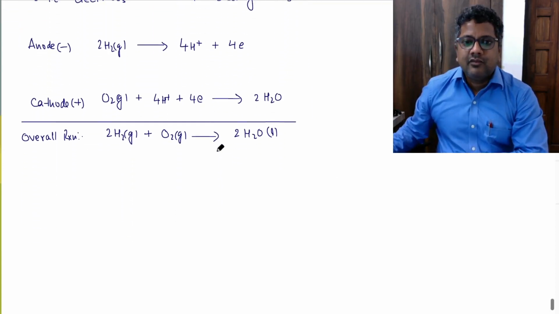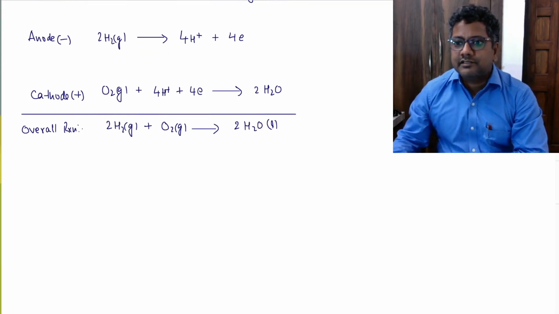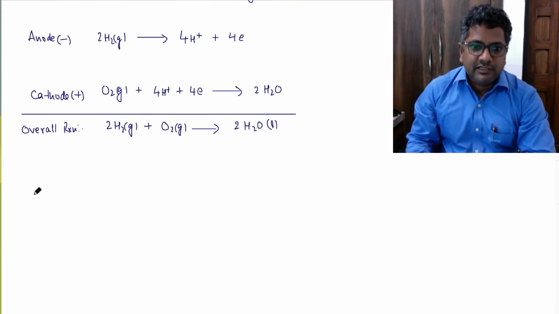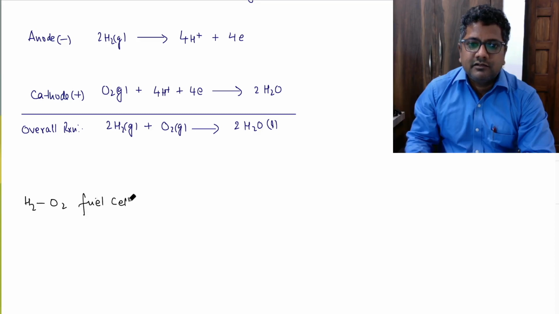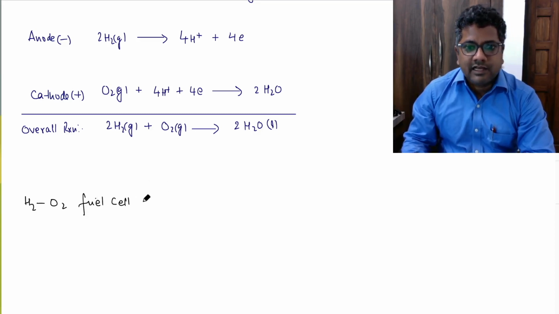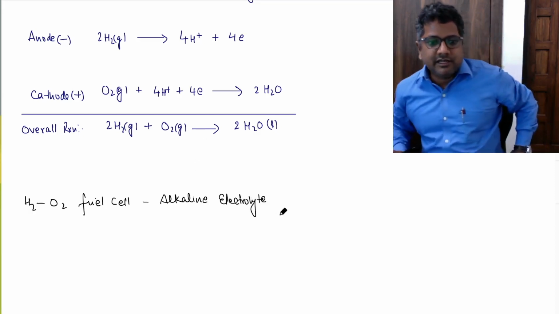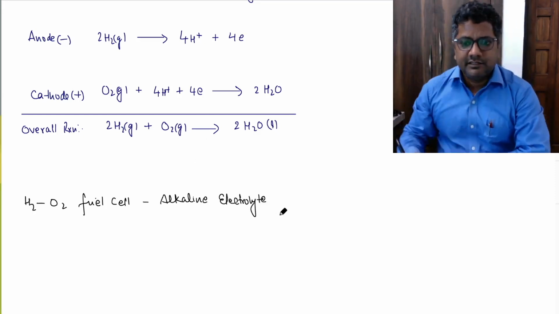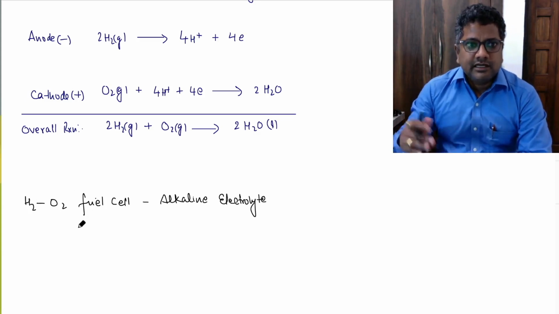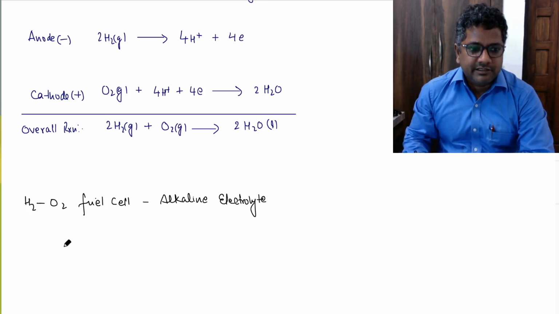Now with a basic electrolyte, what reactions are changing? So the H2/O2 fuel cell with basic or alkaline electrolyte. The net reaction is the same, there is no difference in the net reaction, right? But the half reactions are a little bit changed.